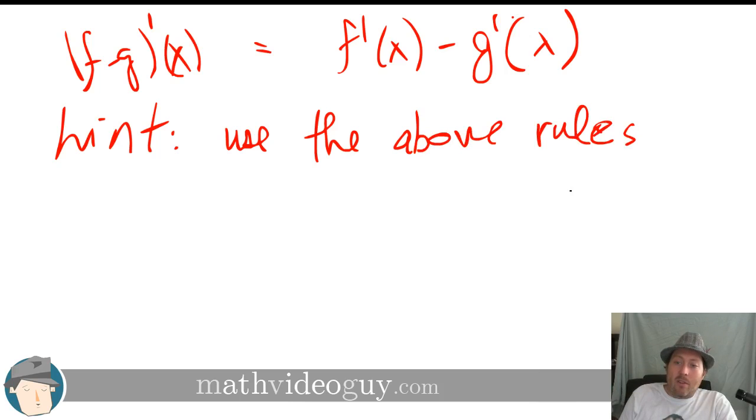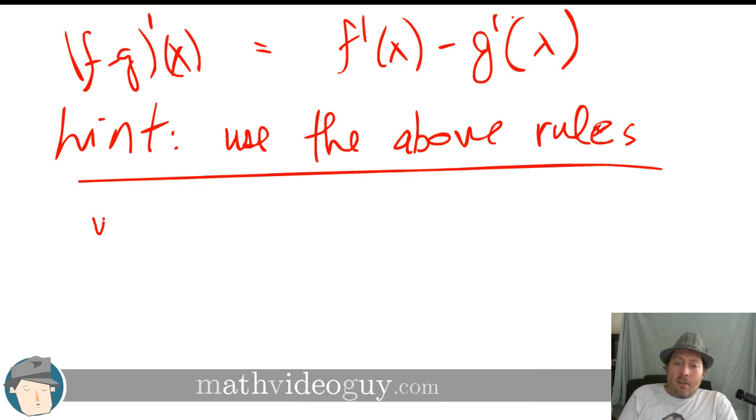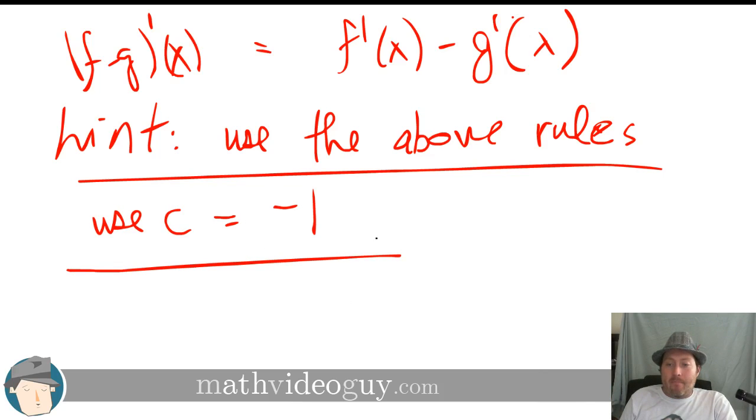So use the rules that we've seen just before, and use c equals minus 1. See what that does. And if anyone still wants some help, post about it in the comments and I will help you out.